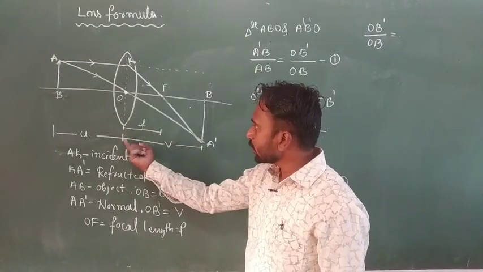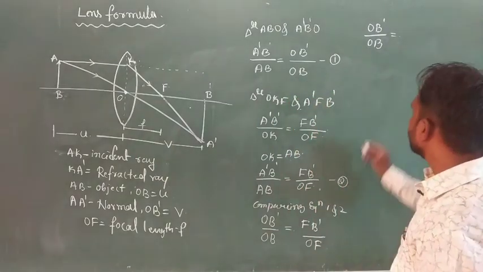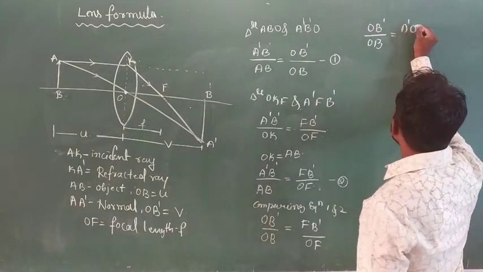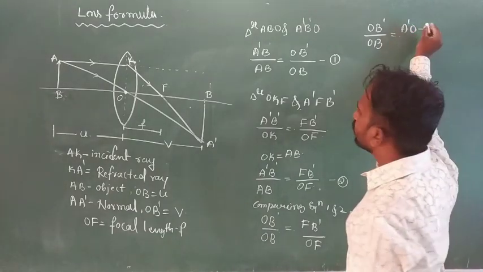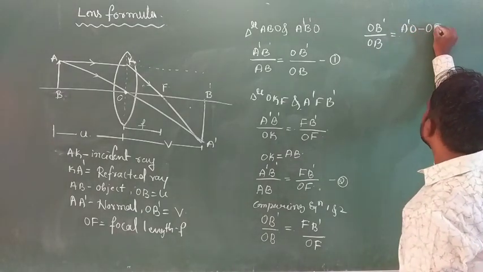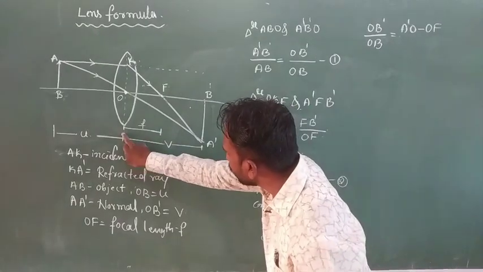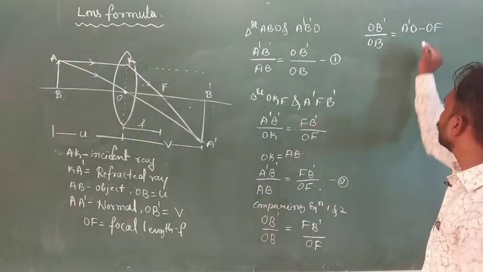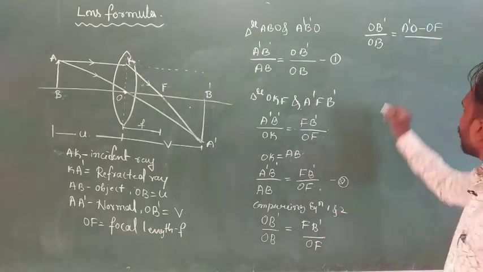It means image distance minus focal length. A'O minus OF. Then we will get FB' value divided by OF.